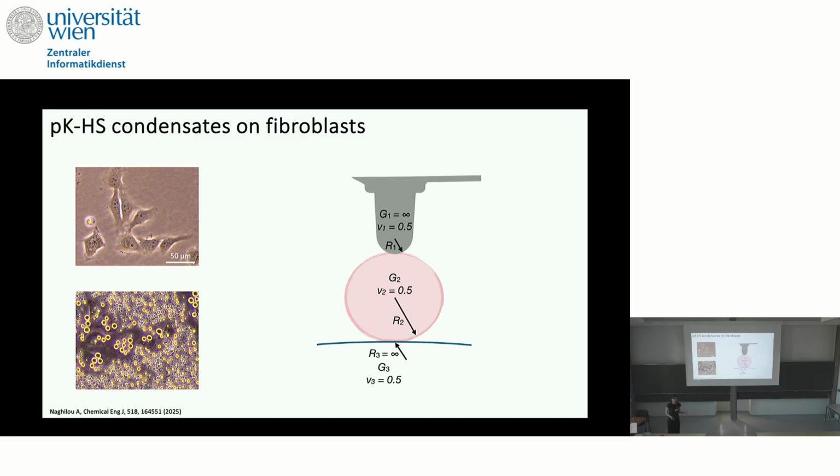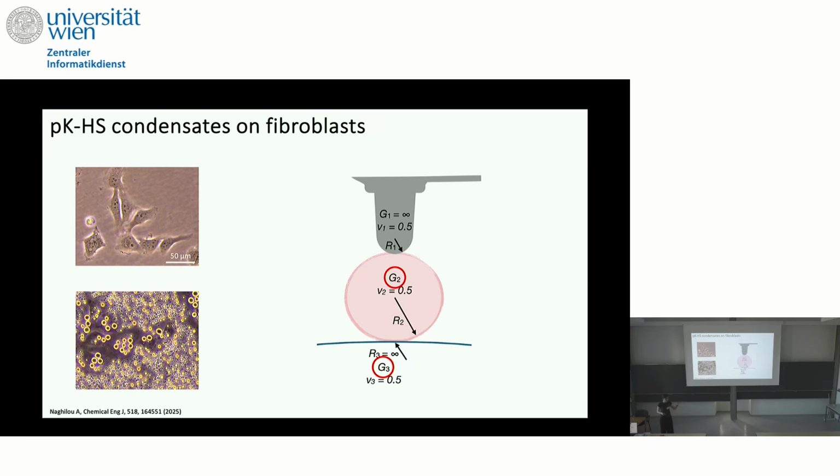It doesn't hold because cells are also quite soft, and while you're indenting a condensate on the cell, you cannot assume that you have zero indentation of the cells like you would on a plastic dish, which means we had here 2 variables that we didn't know. So we didn't know the G of the condensate, and we also didn't know the G of the cells.